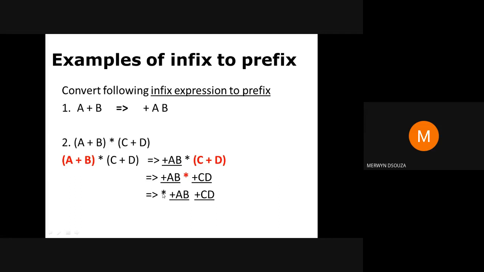Prefix means the operator comes before the operands. Okay, is it okay? Infix to postfix, infix to prefix.